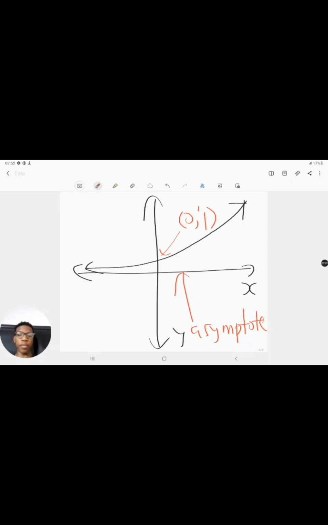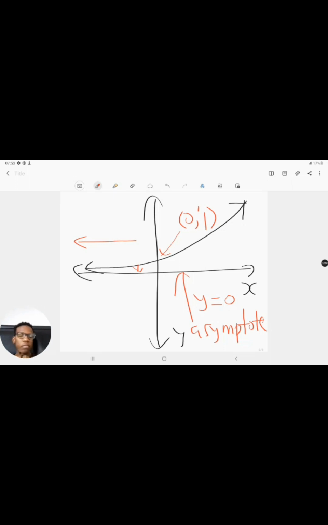The pattern that this graph follows is that as we move to the left, the graph gets closer and closer to your x-axis, and your x-axis is your asymptote. Remember, the asymptote is the imaginary line that the graph approaches but never reaches. It gets closer and closer to the x-axis, and that's why your x-axis is your asymptote, the horizontal line that passes through y is equal to 0.